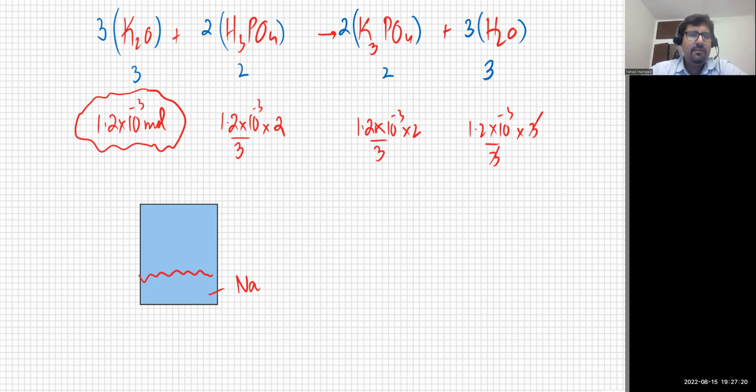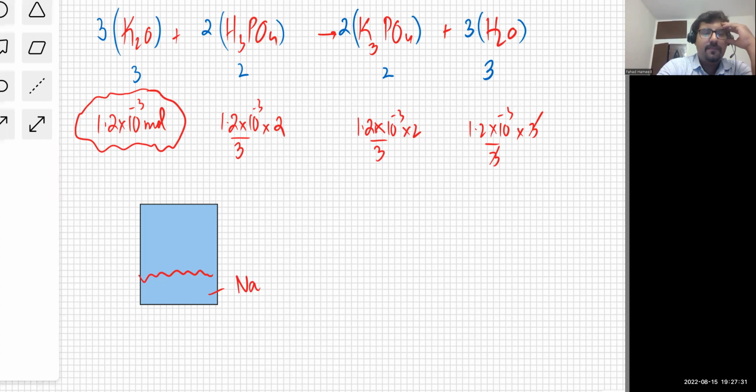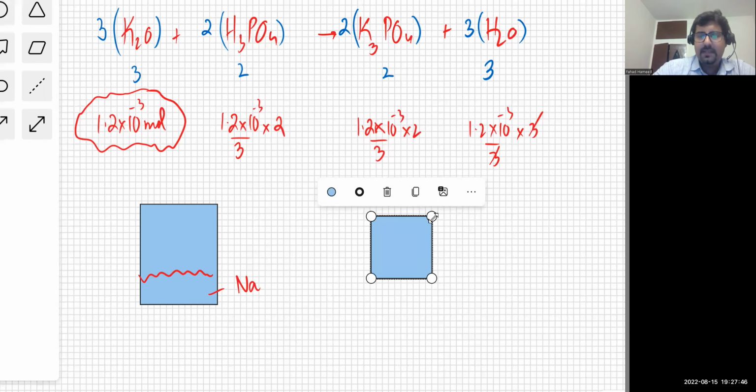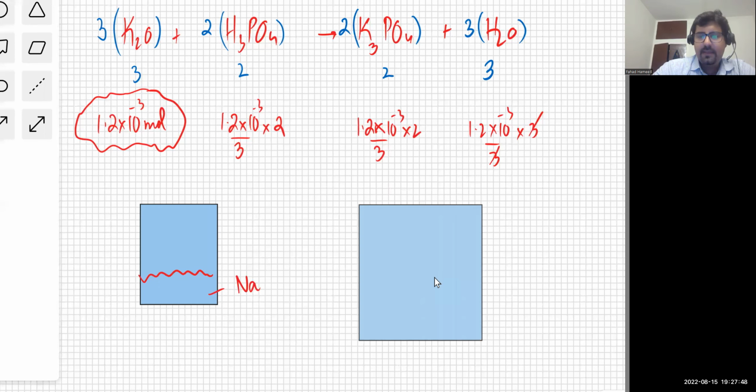Now the question is, how do we figure out how many there are? How do you count? Let's say there's a small container that's got oranges in it.